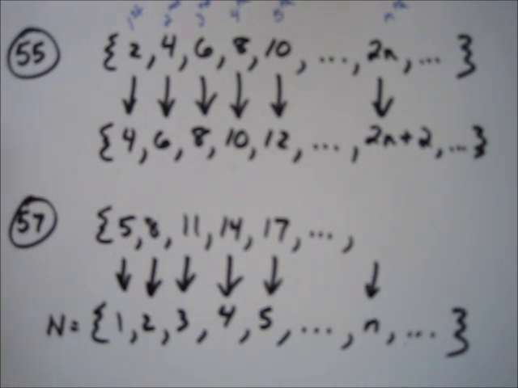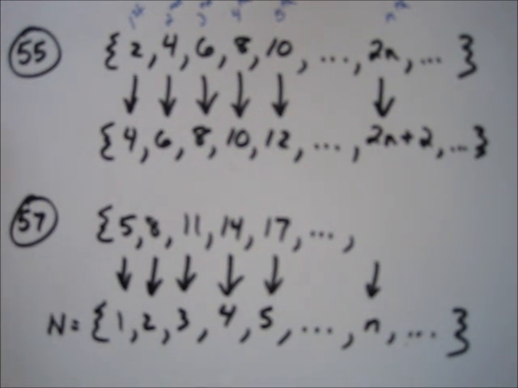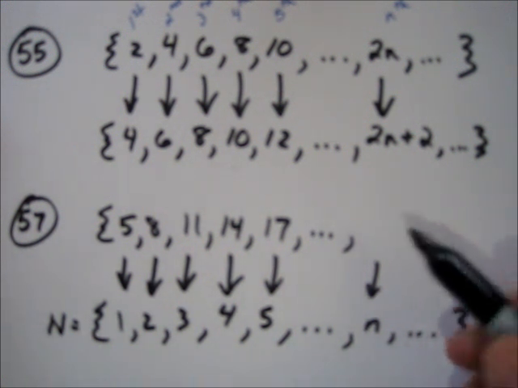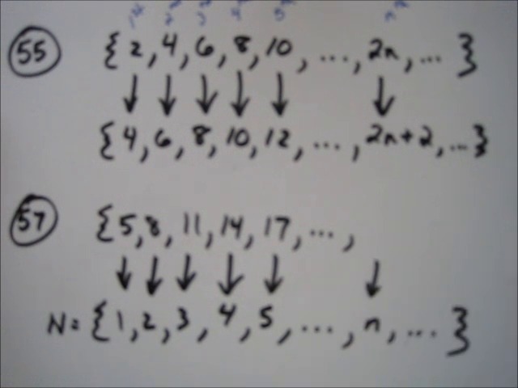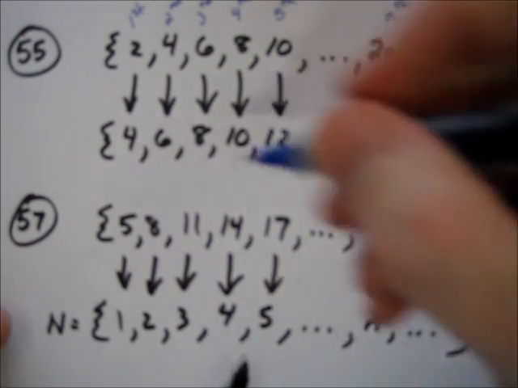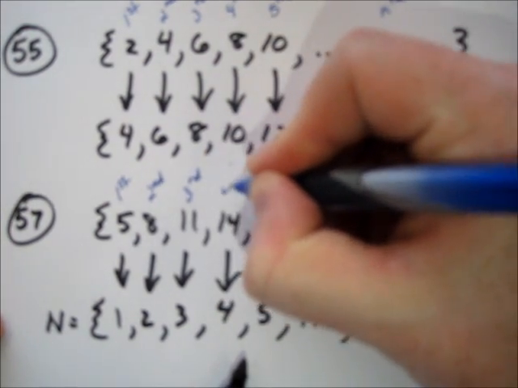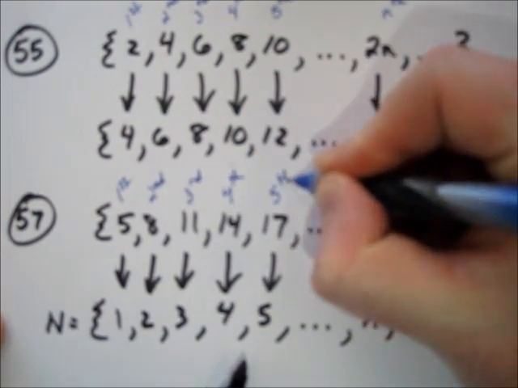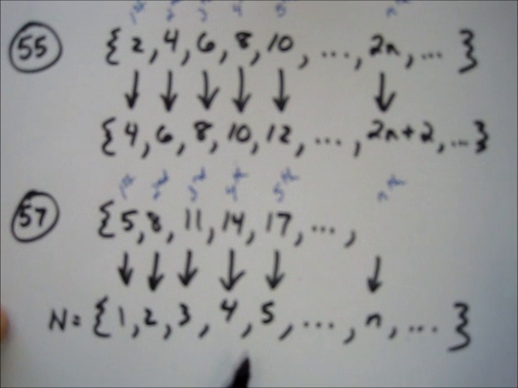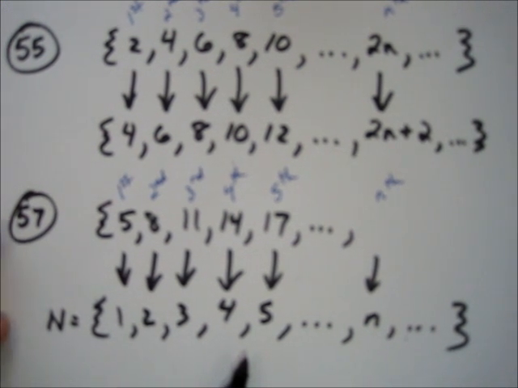This is slightly easier, I think, than problem 55 because you only have to figure out one general term. The natural numbers are always this set, and the idea is just to figure out what's the general term up here. So we need to look at the relationship of these numbers. If this is the first, second, third, fourth, and fifth terms, what's the expression for the nth term is what we're trying to determine.